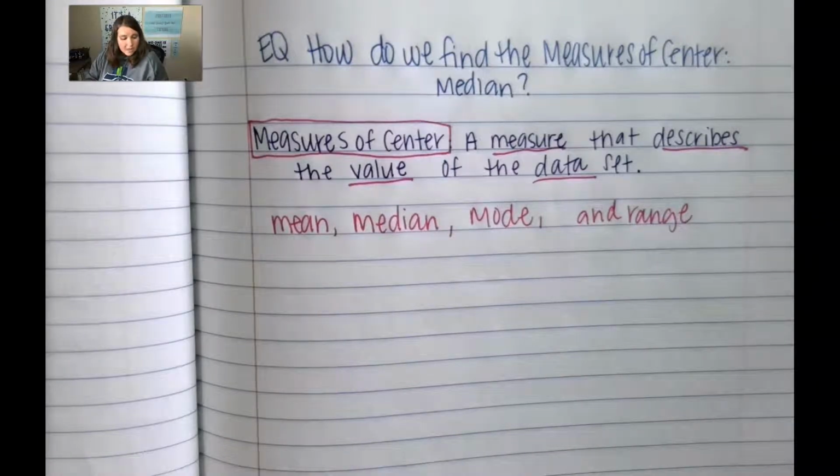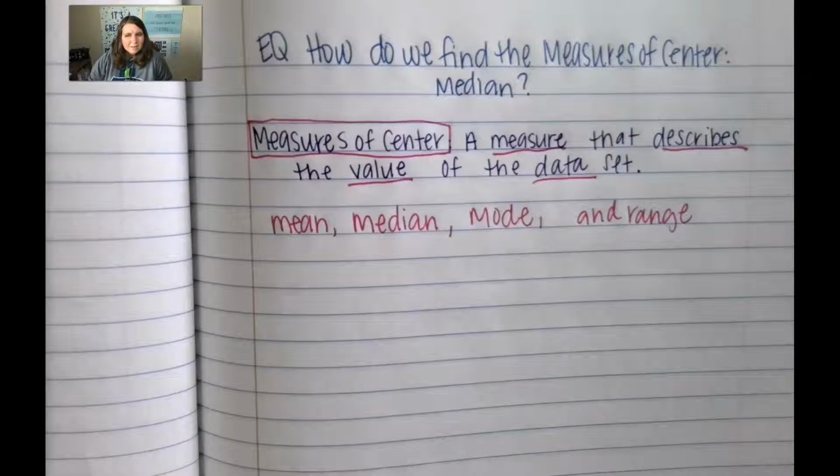So let's go ahead and talk about the median. Have you ever heard that word before, median? Like, I need a mediator. What does a mediator do? Or a median when you're driving down the road. Where's the median located? Well, the median, I want you to think about that word for a second.